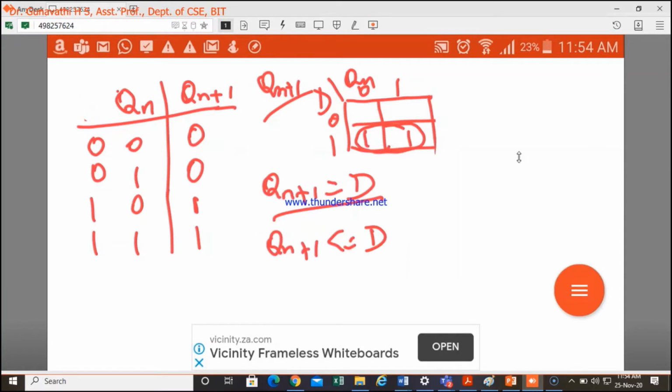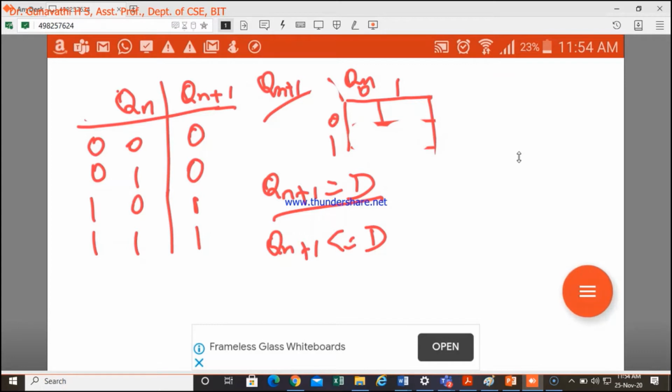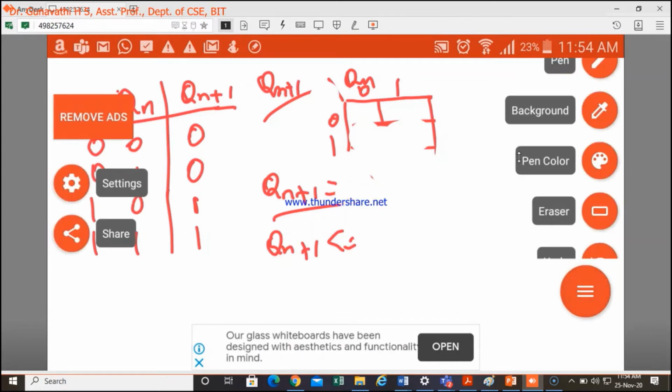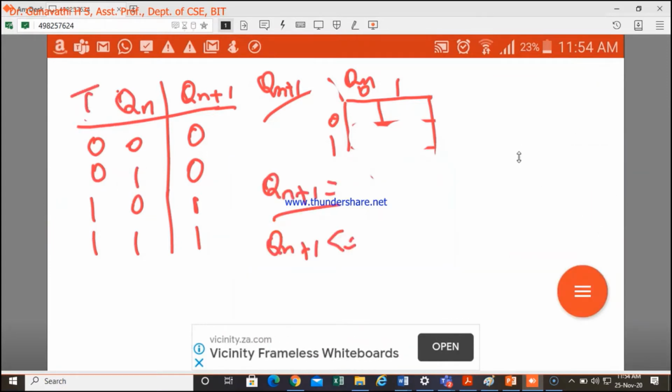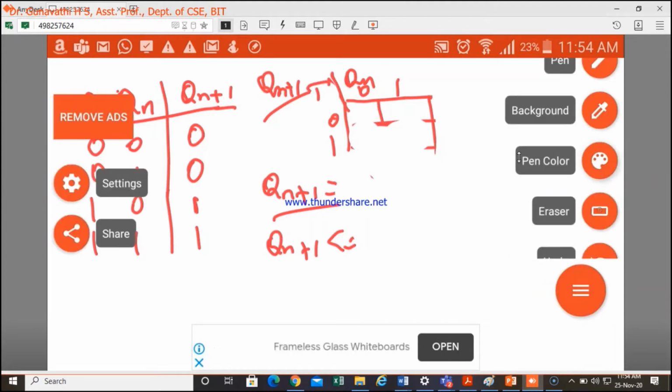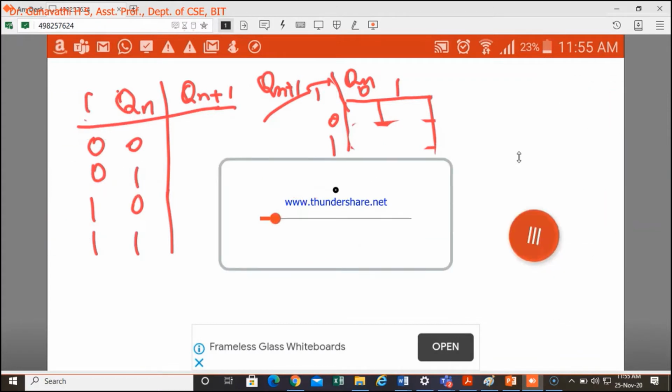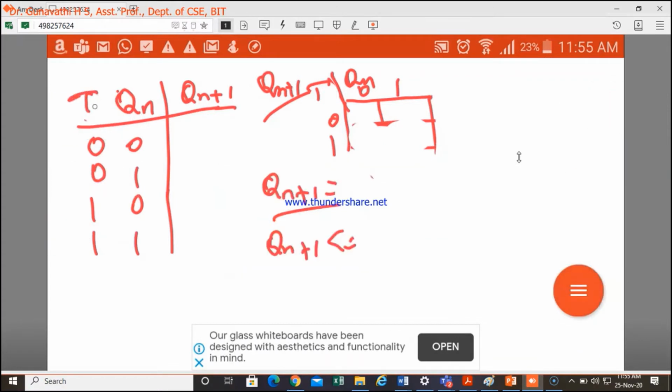So what's the change here is T. T is the input. So here I'll write T. Single input, Qn is the previous state, Qn plus 1 is the next state.